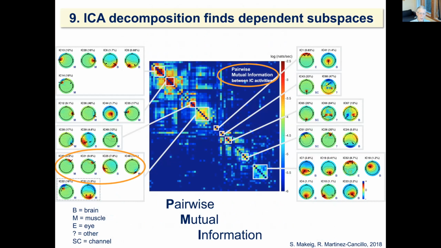Now, if these subspaces are one-dimensional, a single, spatially static area, then of course we call those independent components. But when we computed pairwise mutual information between the IC time courses, we found that there were subspaces in which mutual information remained.